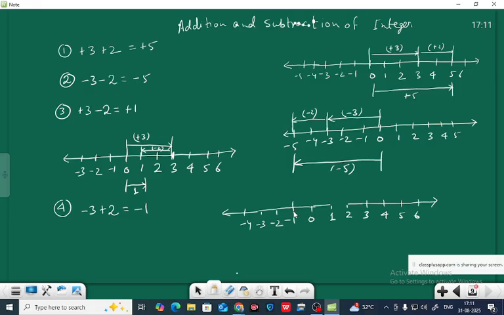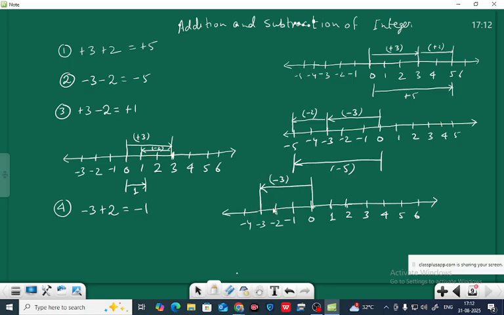This is 0, 1, 2, 3, 4, and this is 1, 2, right? Therefore, from 0 it starts, and the number is minus 3. In this direction, it will be minus 3.